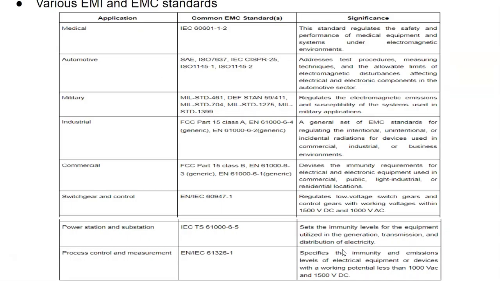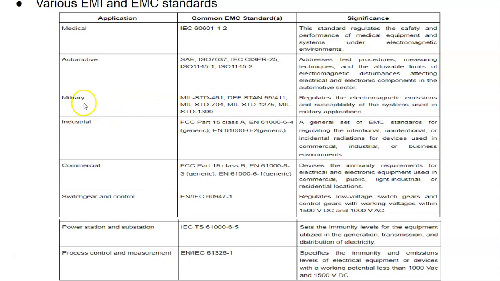So these are the various EMI and EMC standards. We have various applications in daily life, and the common EMC standards and their significance. For example, for medical applications, we have the common standard IEC 60601-1-2. This is a standard which regulates the safety and performance of medical equipment and systems under electromagnetic environments.